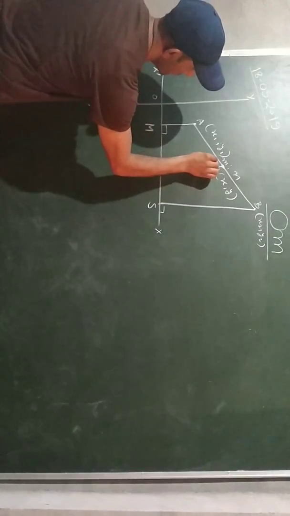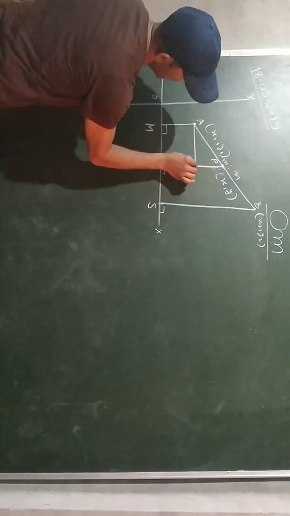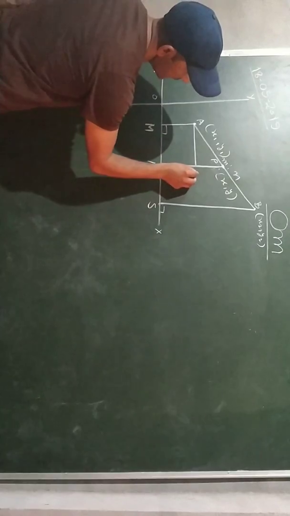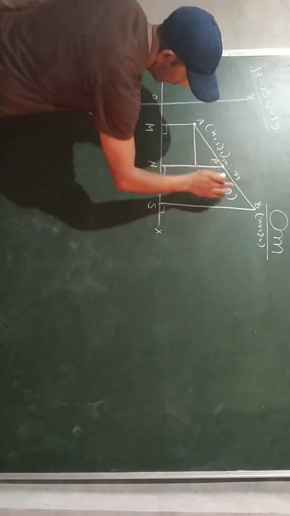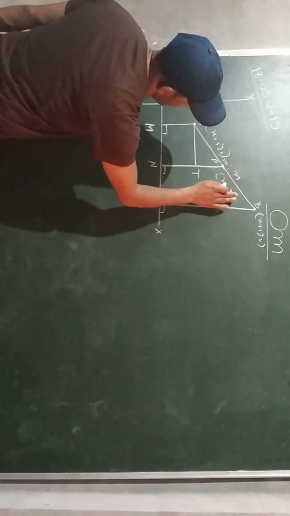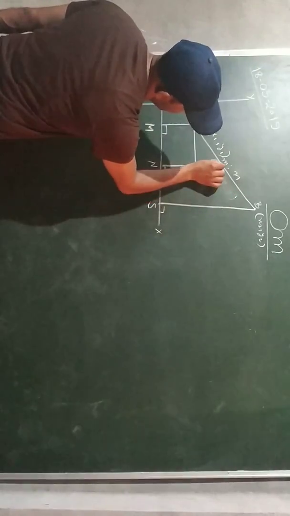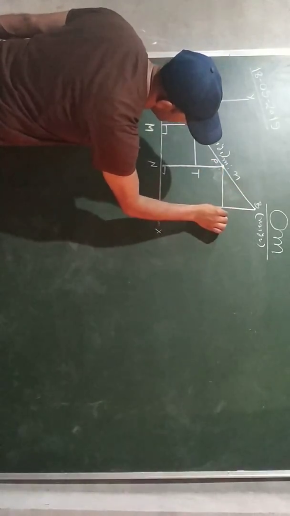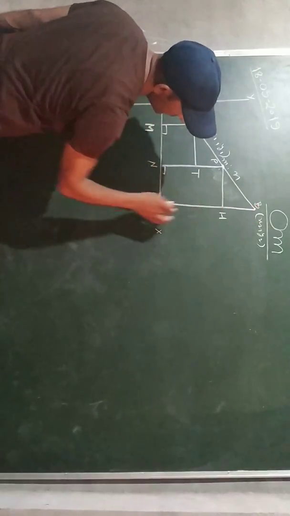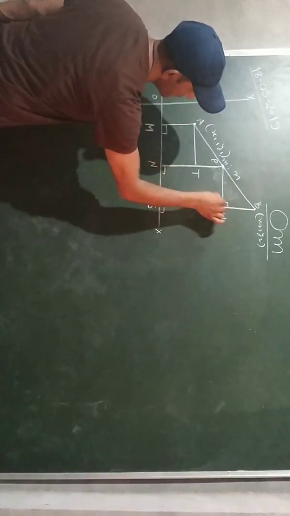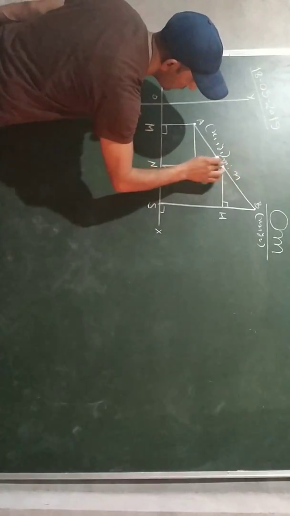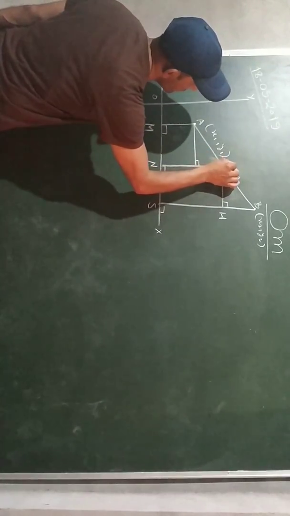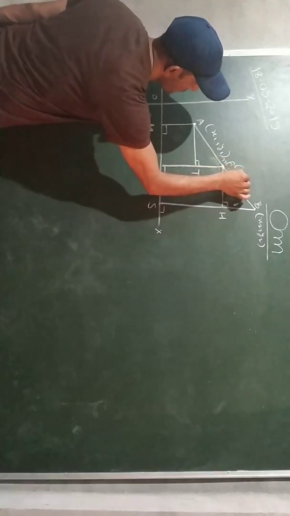Let us draw AT perpendicular on PN. Also draw PH perpendicular on BS. Let me write the coordinates of P here as x, y.